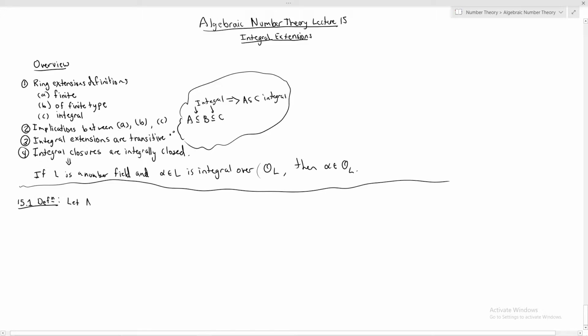So I'm going to let A contained in B be an extension of integral domains.